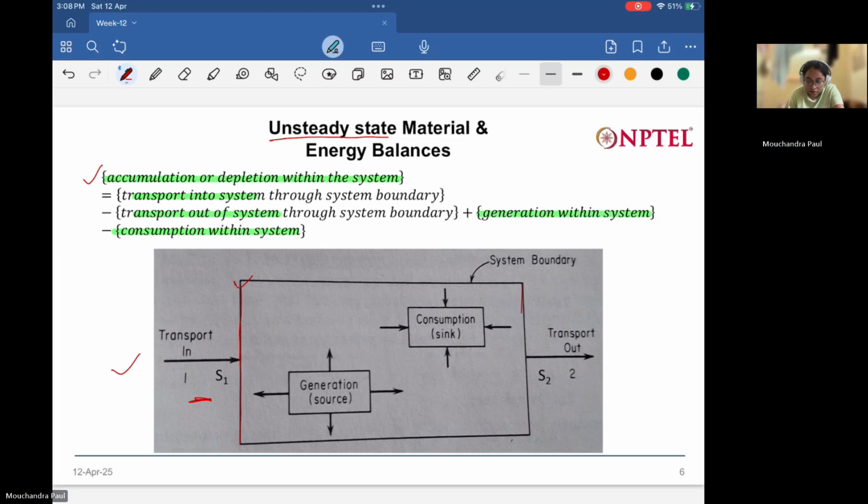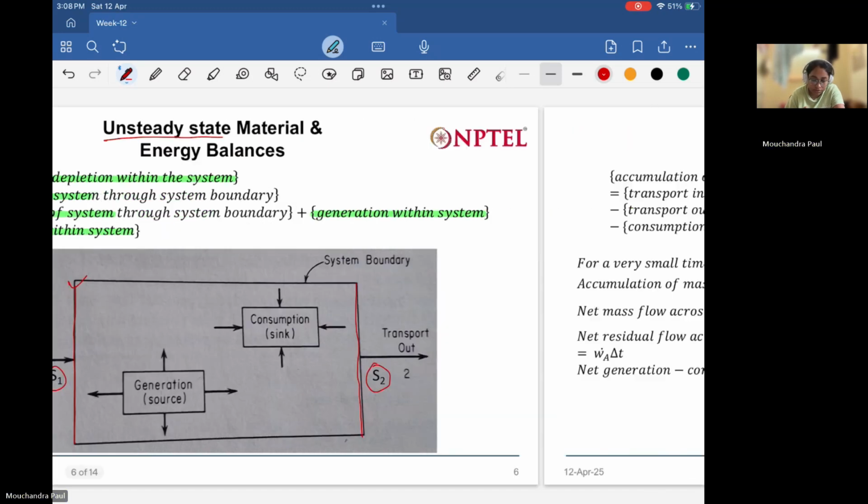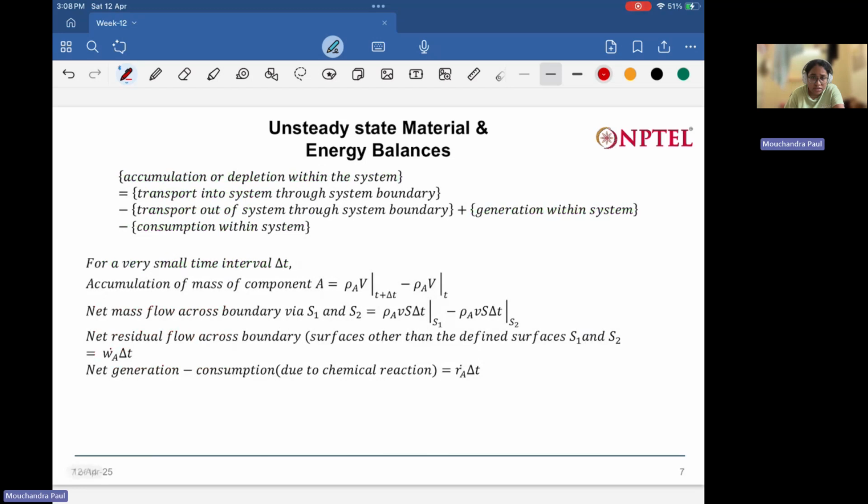And over some period of time, the material is flowing out of the system boundary through the defined area S2. So let's try to put relevant terms in this general equation to get a mathematical form of the unsteady state material balance, and similarly for the energy balance.